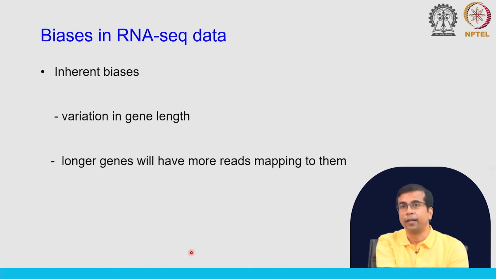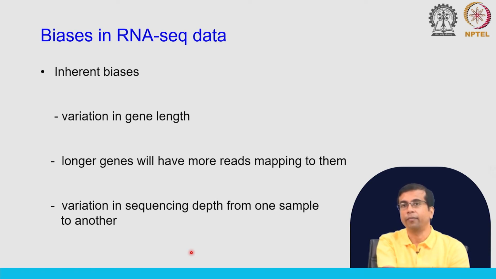So, this is what would lead to bias in the data. So, you will find longer genes will usually have more reads mapping to them. If you are comparing between a long gene and a short gene, right, and they are expressed at the same level, you will usually see longer genes will have more reads compared to the short gene. Okay. So, this is a bias that is there in the data.